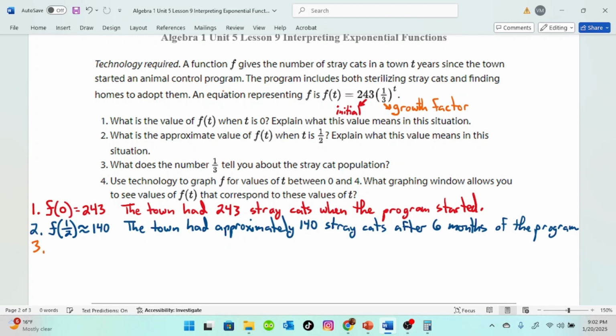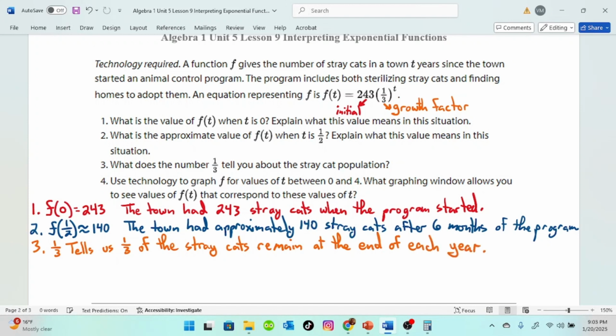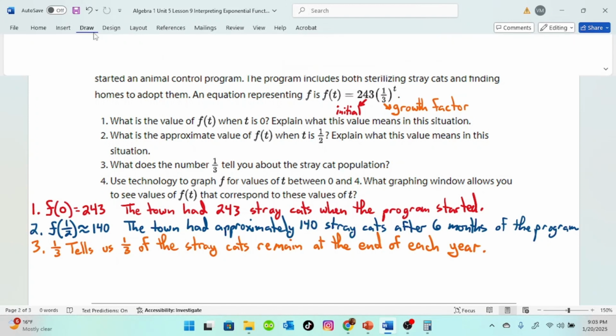So for number 3, 1/3 tells us 1/3 of the stray cats remain at the end of each year, because our time is being measured in years. And that's how we would answer number 3.